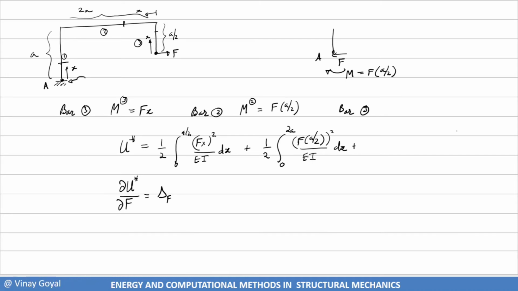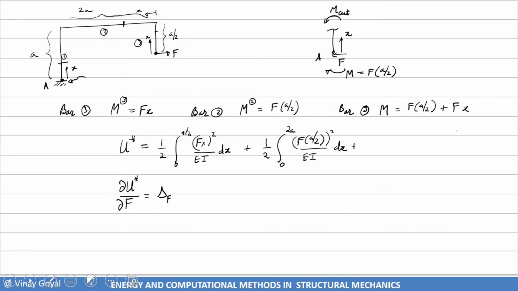This is a cleaner way of doing it. And now you have this X here. So the moment at any cut that counteracts that is going to be F A over 2 plus F times X. I think it's just much better at this cut.